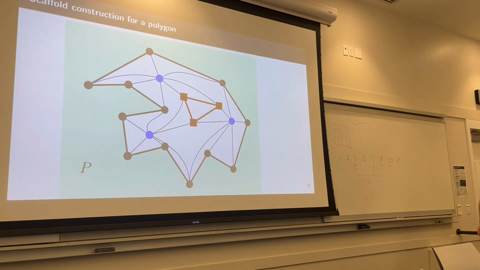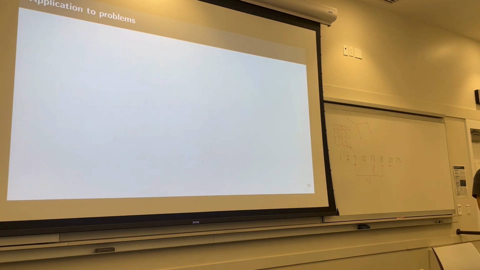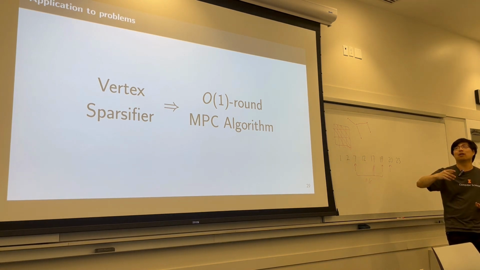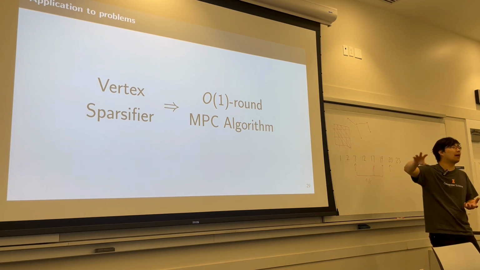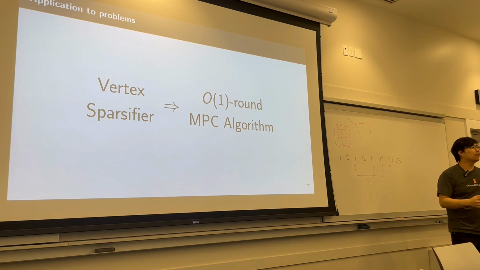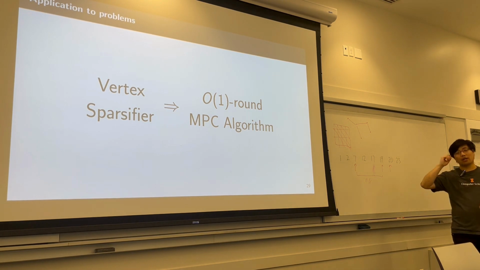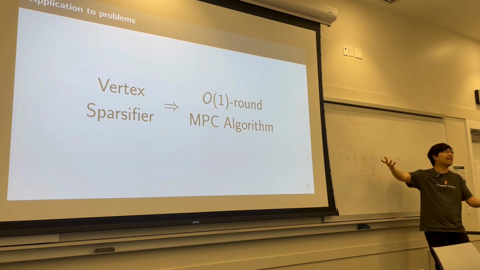Yeah, but that was all sort of fast and sort of just good to give a taste of what the constructions here look like. But let me say something about applications to problems. In our applications, we essentially show a sort of meta theorem. If you have some sort of vertex sparsifier that keeps things planar, right? So for connected components, you can sparsify to a spanning tree.